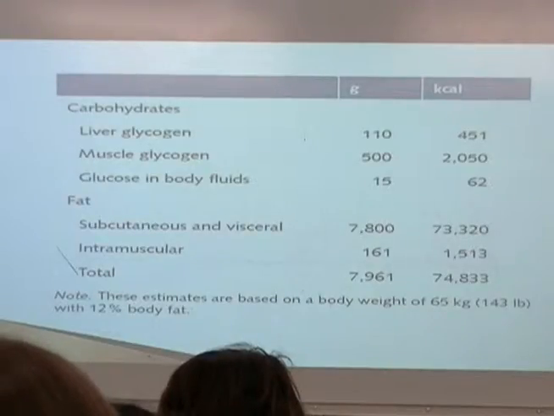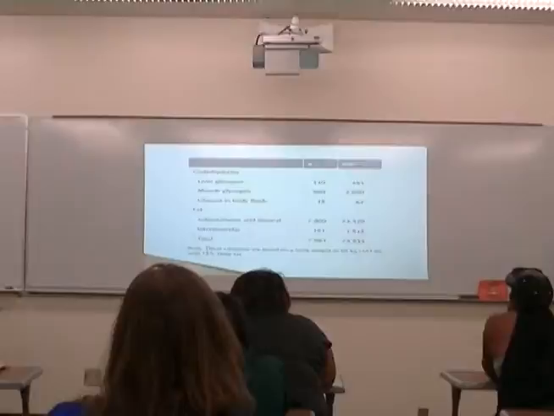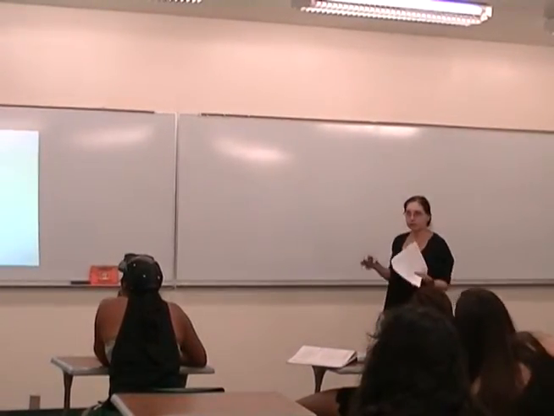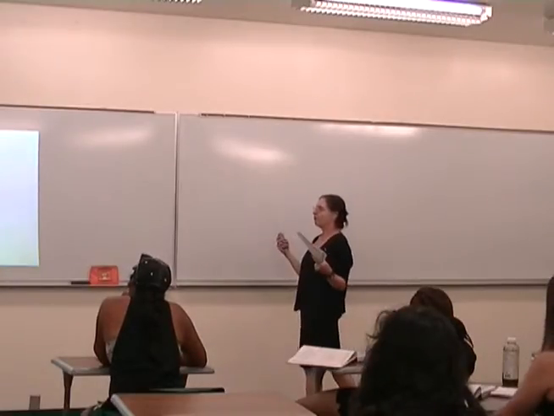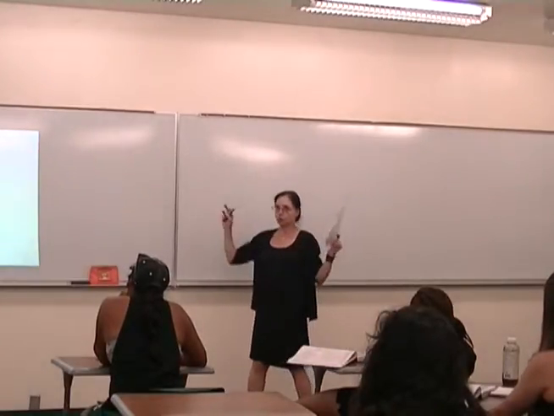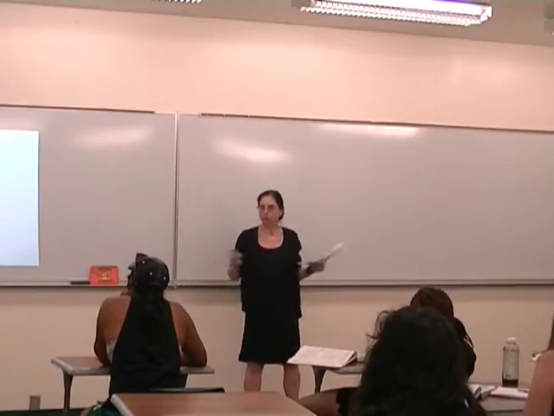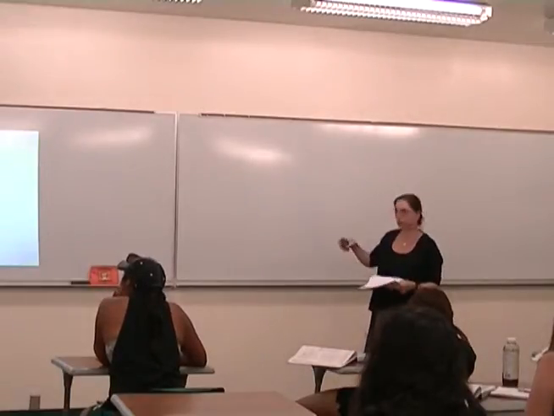About 2,000 calories in my muscles, and somewhere around 50 to 80 calories in your bloodstream. So your bloodstream really isn't a very effective storage unit for carbohydrate. Yes, we have some there, but it's not where we store it, right?